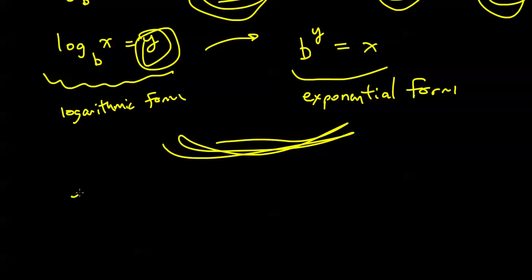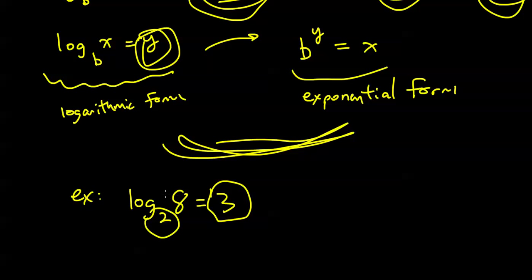Well, let me give you an example of what I'm talking about. Let's say the log of 8 base 2 is 3. That is a true statement, and you may ask why. Well, this tells me that 3 is the exponent we put on 2 to get 8.